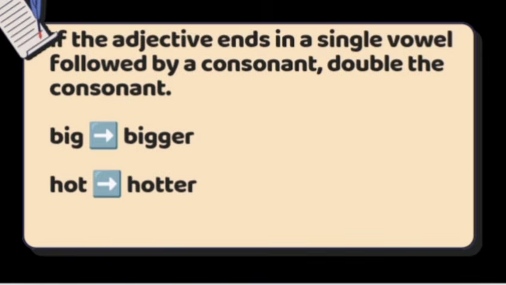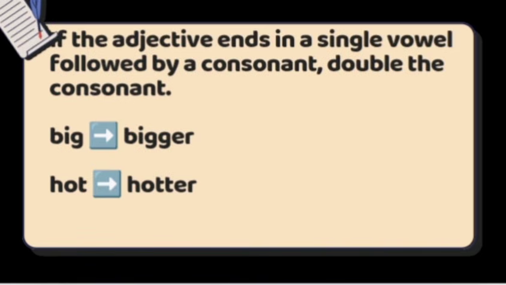Same with hot. H-O-T, hot. Now this T is a consonant. It is ending with a consonant T. But if you see it carefully, then you will find that before T, the last consonant, you have one vowel O. So one vowel and then it ends with a consonant. So in that case, the last consonant is to be repeated.